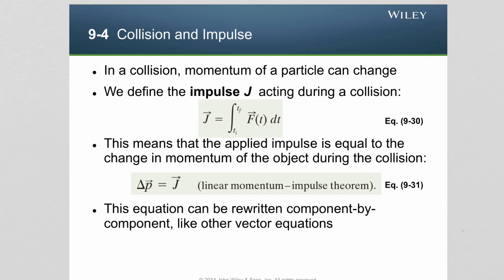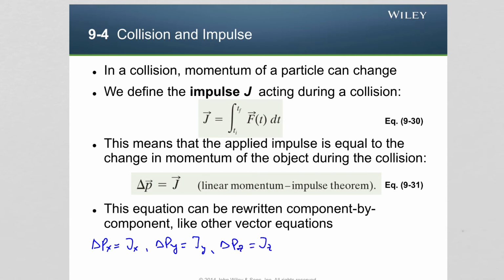This equation can be written component by component like other vector equations. Remember that in general, these vectors here are three-dimensional vectors. So we can simply write for each coordinate direction that delta px is equal to Jx, delta py is equal to Jy, and delta pz is equal to Jz.